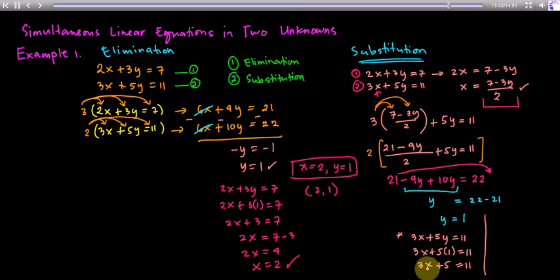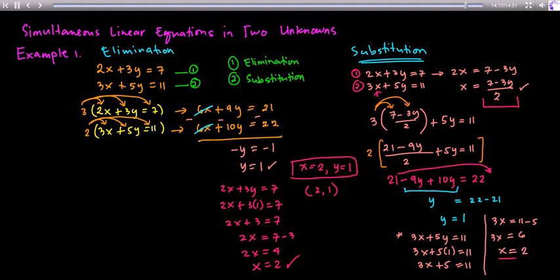So next, we could have 3x equals 11 minus 5, because we move this 5 to the other side. So 11 minus 5, this is 6. 3x is equal to 6, or x is equal to, we can divide both sides by 3. This is 6 divided by 3 is 2.